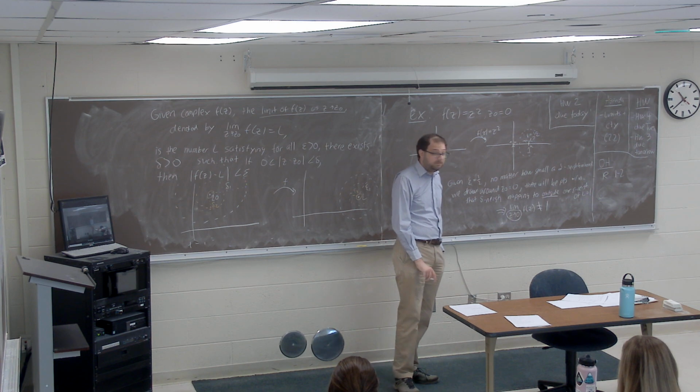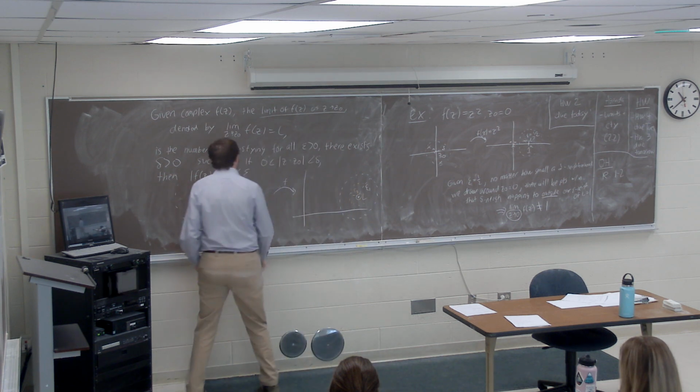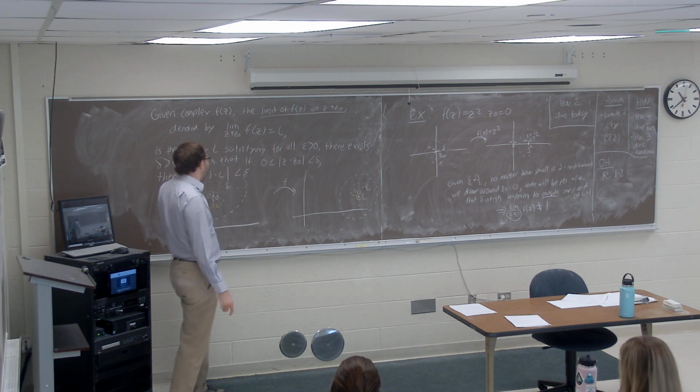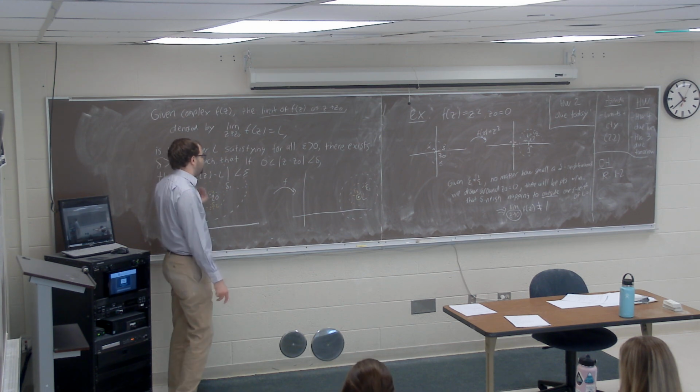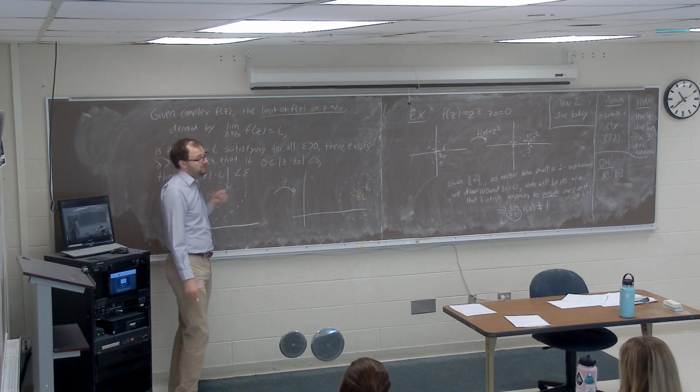Anybody else? I have a question then. If we look back at our definition, we technically didn't say for all epsilon there exists a delta such that if the distance from z to z naught is less than delta, the distance from f of z to L is less than epsilon.